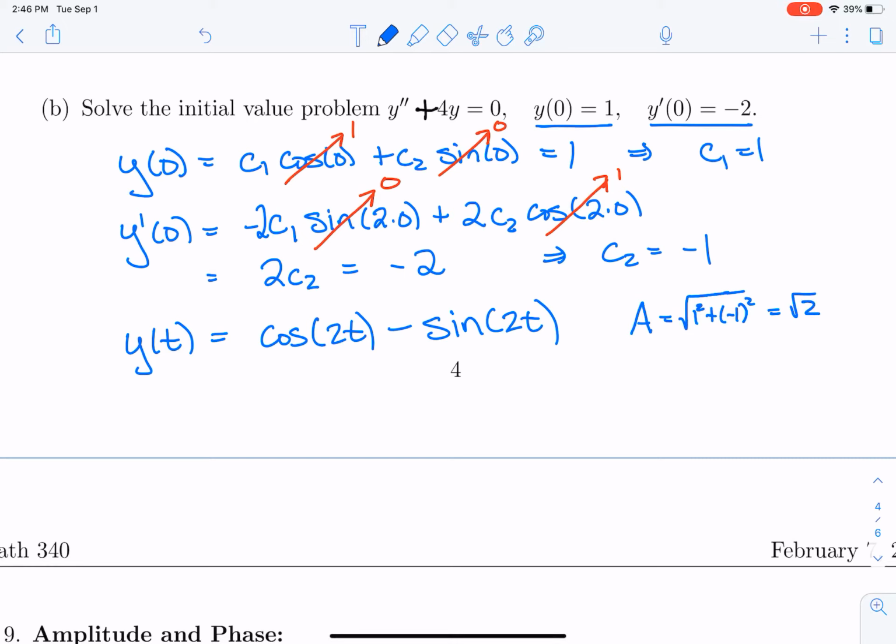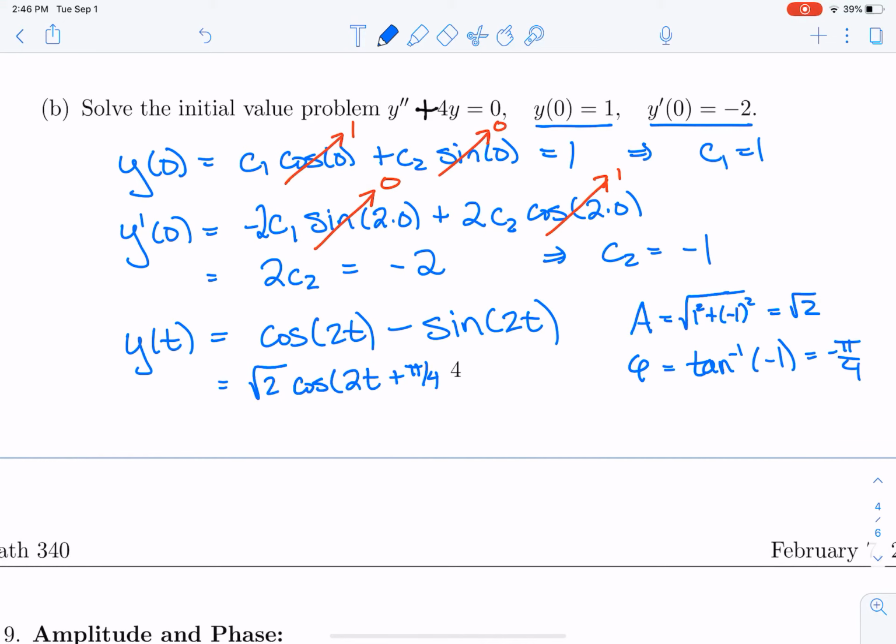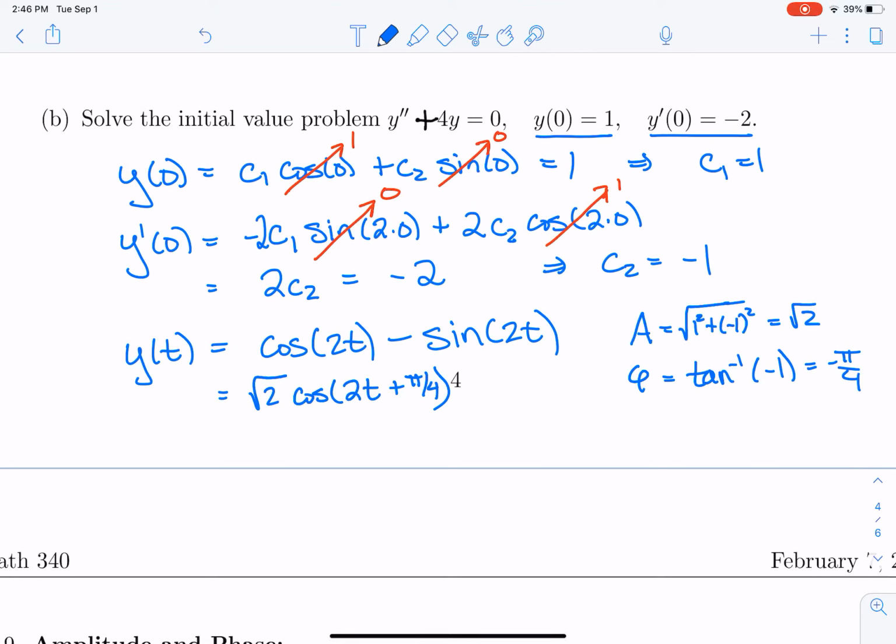And then phi in this case is the arctangent of negative 1, and that's negative pi over 4. So I can rewrite this as the square root of 2 times the cosine of 2t, because that's omega t, minus a negative pi over 4, or plus pi over 4. And that's another way to write that oscillation.